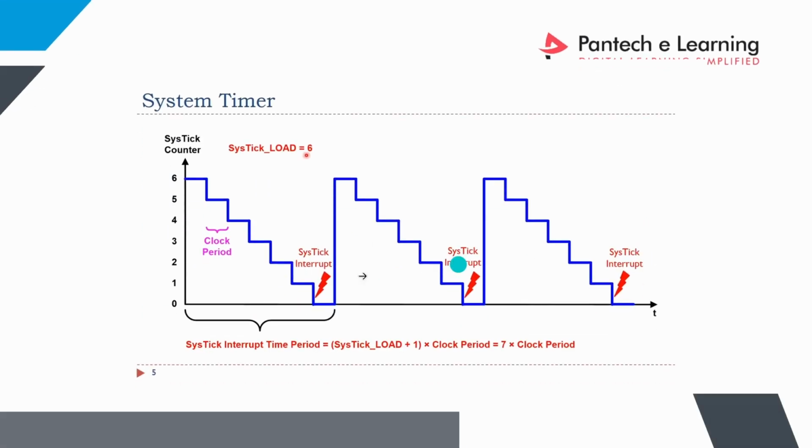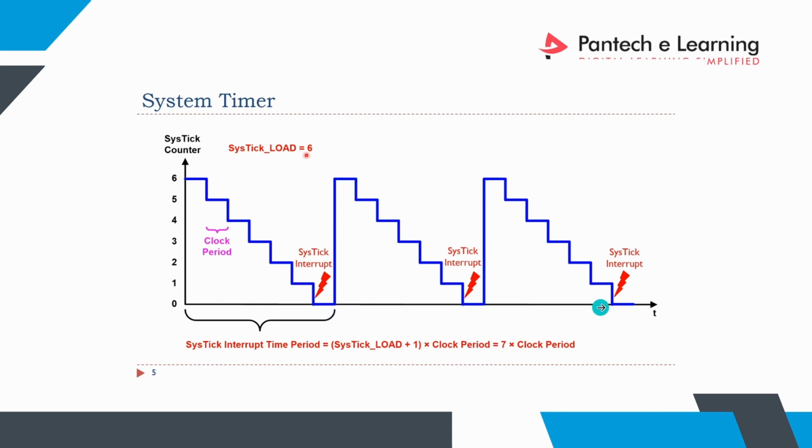When this interrupt is generated, it will get into the interrupt handler and execute the code we have written inside it. So it goes to 0, the interrupt is generated and the flag is set to logic 1. Then it again starts from the load value we have given, and again goes to 0.